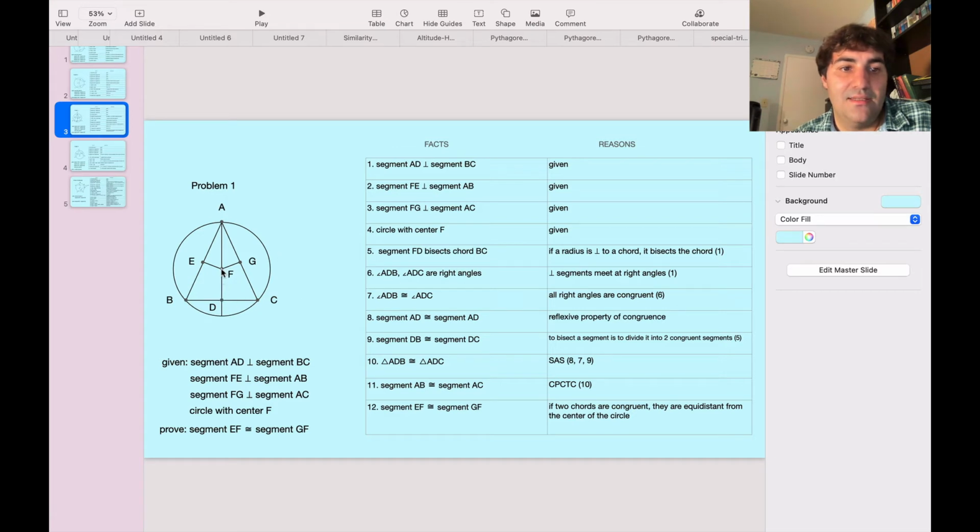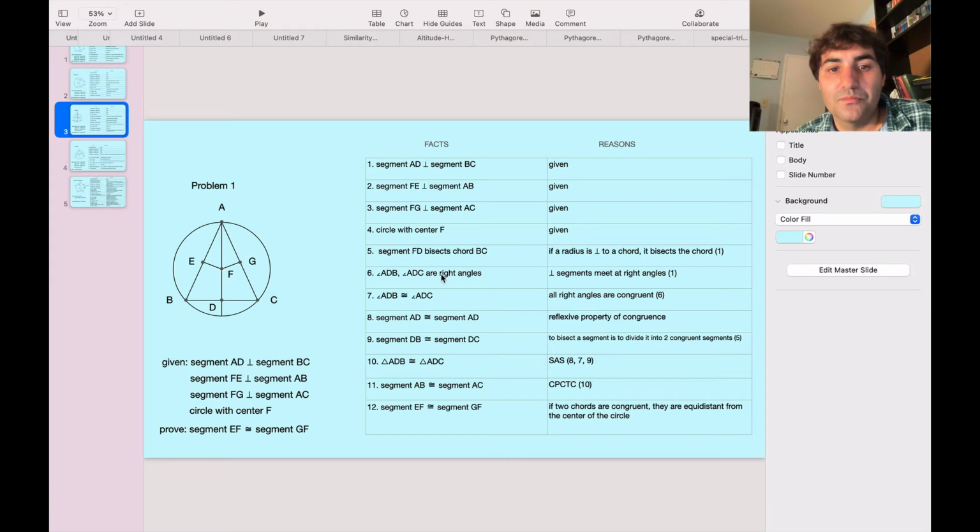So I extended segment FD to where it intersects the circle, so we can actually say this radius bisects segment BC, and we'll just take segment FD, which is technically a subset of the radius, but we just want to know that D is the midpoint, right?